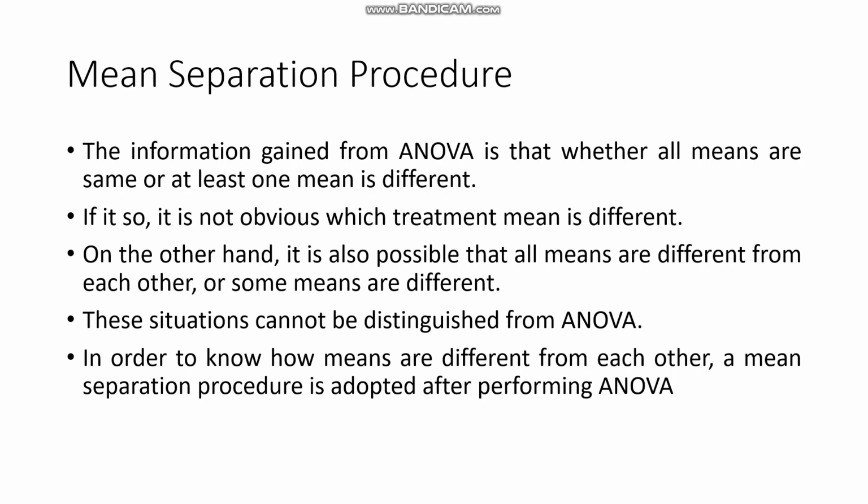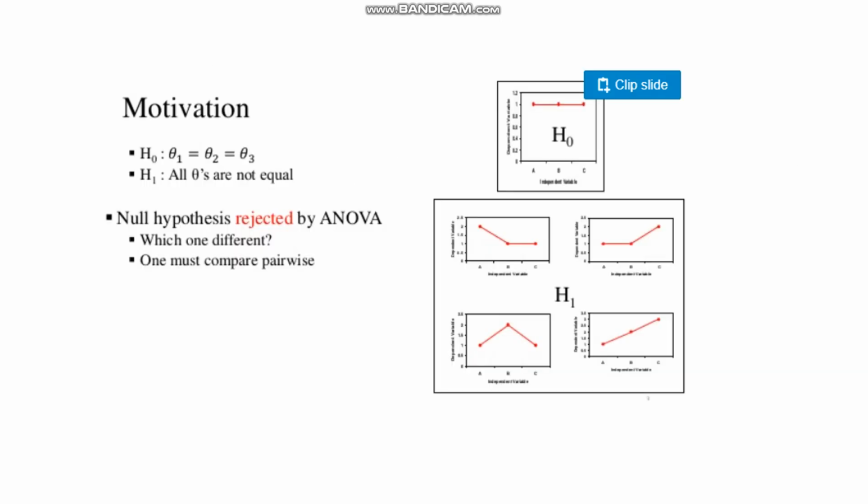These situations cannot be distinguished from ANOVA. In order to know how means differ from each other, a mean separation procedure is adopted after performing ANOVA. So it's important, as it will improve the conclusion and give more information along with the experimental design.